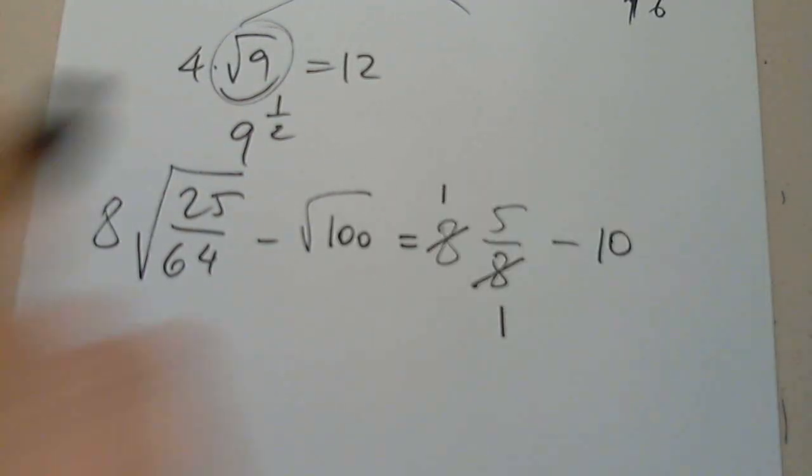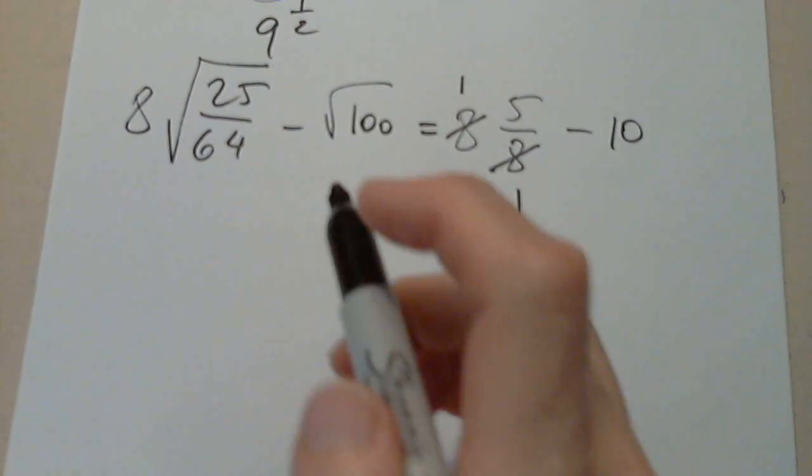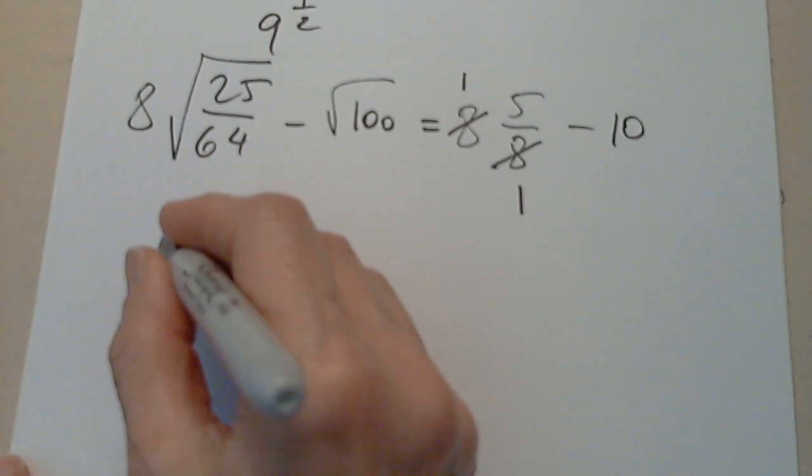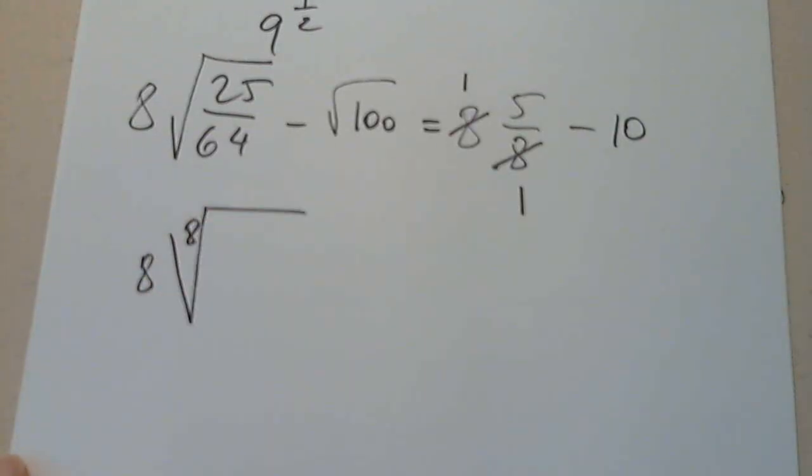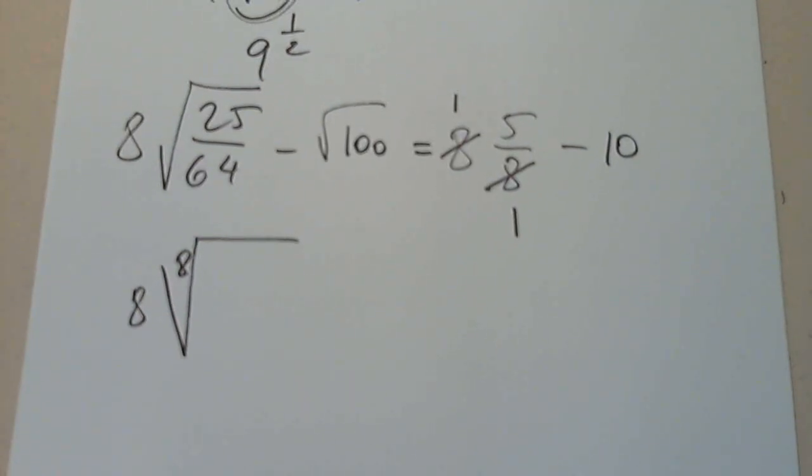Say it again. It looked like the 8 was in the index, not to the left of it. Not possible. Okay. But let's take a look. Yes, you're right. It looks like it. So that's why I would have written it differently.